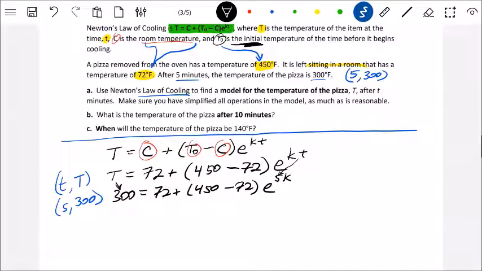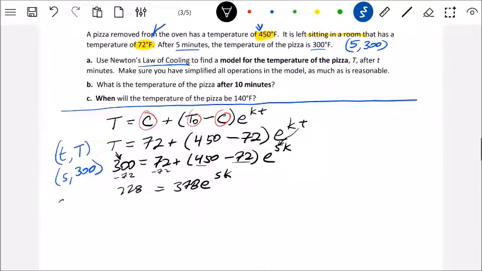And so that T is there. So I'm going to subtract 72 first on both sides. And if we do that, we get 228 equals, and we have to add these two numbers together. That's 378 e to the 5k.